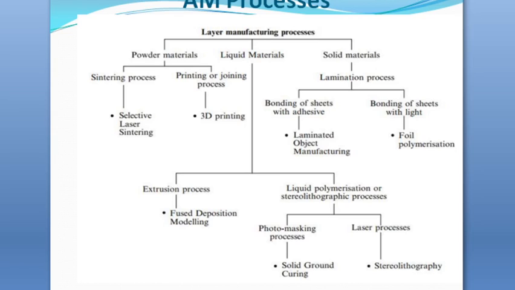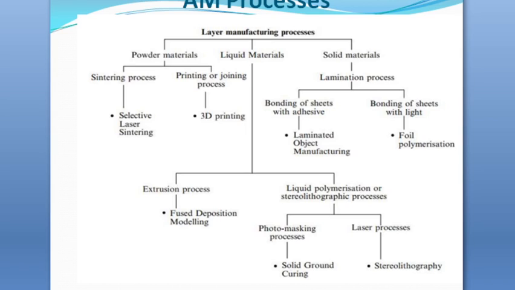Liquid materials are used in extrusion and liquid polymerization or stereolithographic process. A stereolithographic process used on photo curing processes is called SGC, solid ground curing. By using laser, it is called stereolithography. The extrusion process is used in fused deposition modeling.